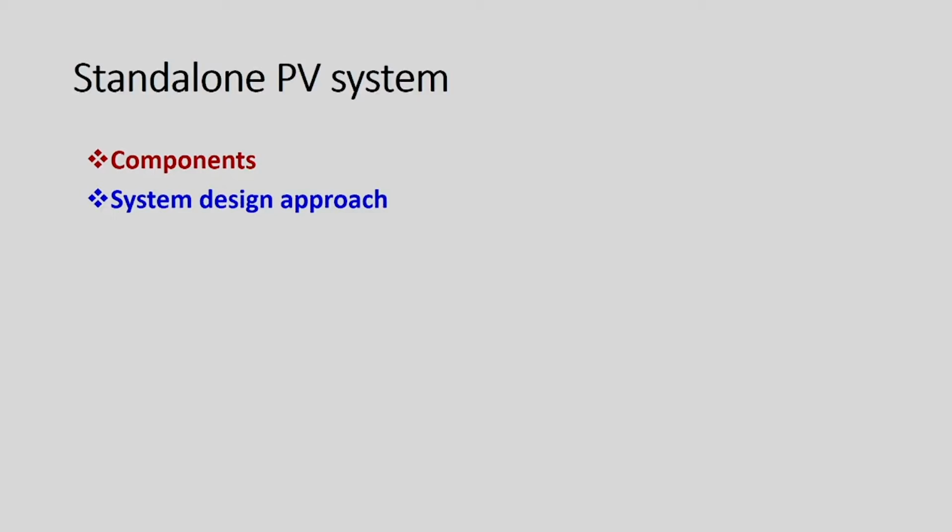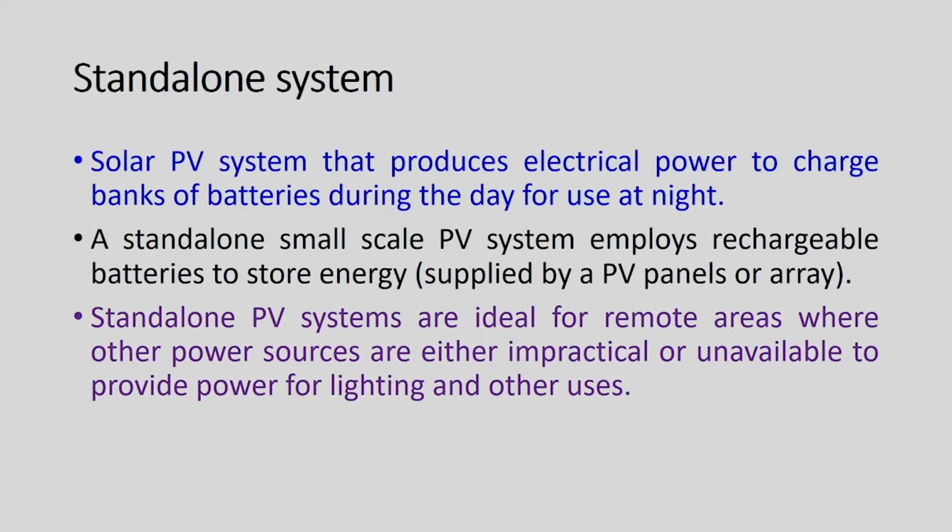Today we will be covering the components of a standalone PV system and the system design approach. So, what is a standalone system? A standalone system is a solar PV system that produces electrical power to charge banks of batteries during the day for use at night.